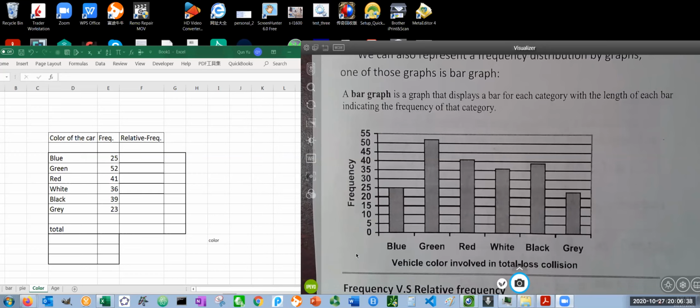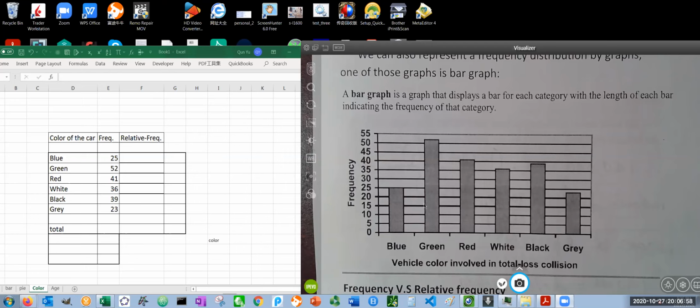In any two-dimensional graph, when you do a frequency distribution graph, the horizontal one always represents the categories or the events.